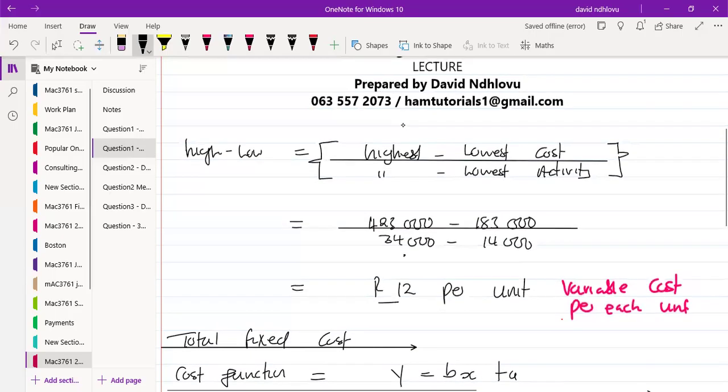So what you do, you go back to your calculation of the high-low method. You can choose to either use the highest or you can choose to use the smallest. The answer will come out the same. So I'll choose the smallest. So we are saying that the total combined cost at 14,000 units of production is 183,000 rands.